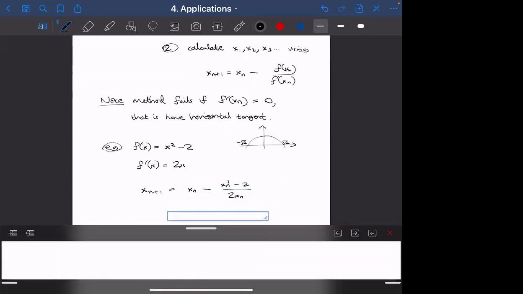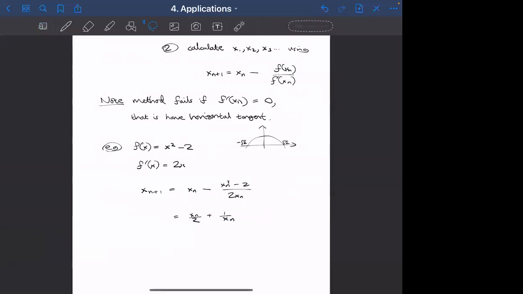So we can simplify this, and we get xn over 2 plus 1 over xn. So it's quite a simple formula that gives you your new values.